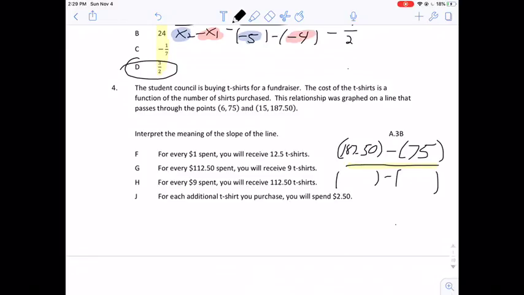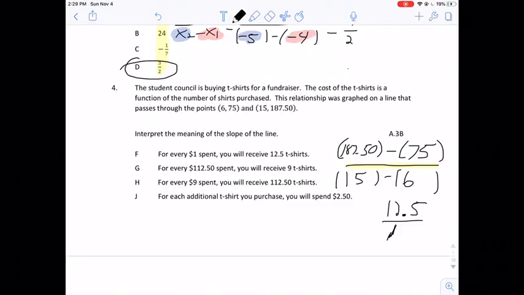My x2 is 15, and my x1 is 6. When I put all this into the calculator, it's going to give me 12.5. Well, 12.5 is over 1. And what it means is that for every $12.50 I spend, I get one shirt.